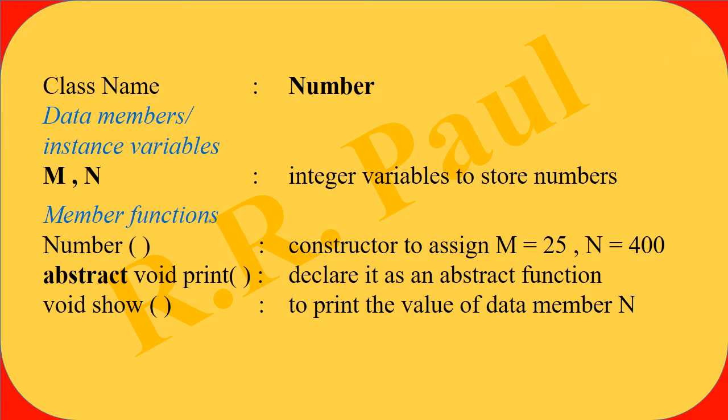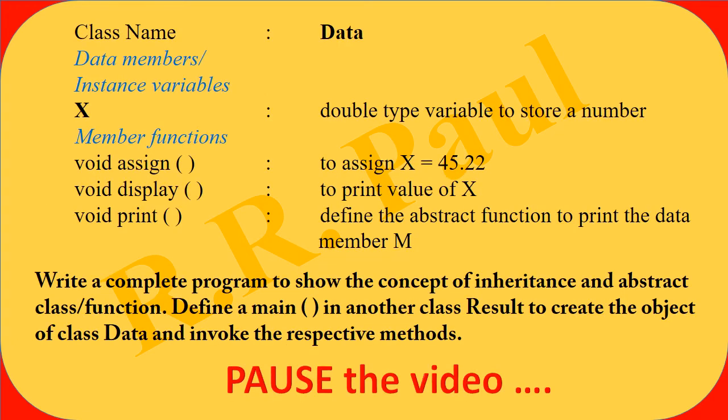Notice the print function, it is declared abstract. So it will not be defined here in class number. You notice that. Read the question properly. And then in data, you find that display function is defined here.